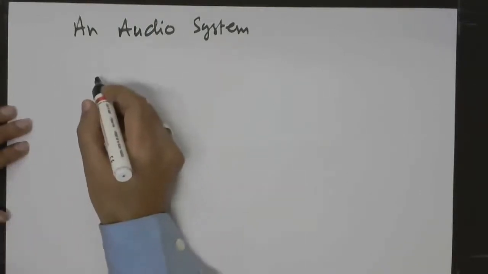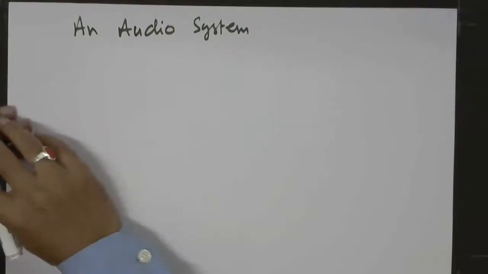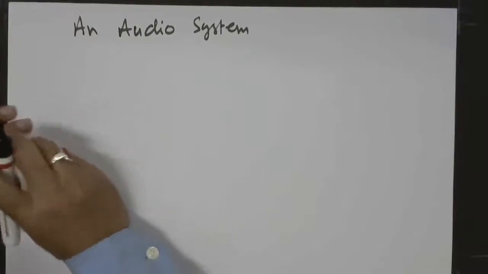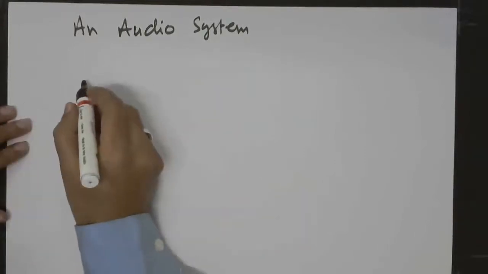So if we see the audio system at block level, that means the major components in terms of black boxes, then it will look something like this.